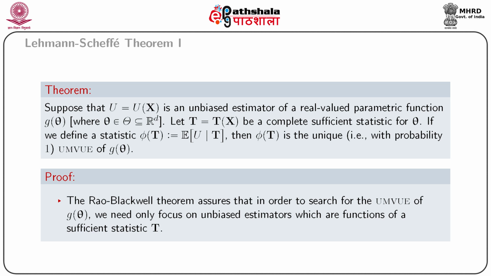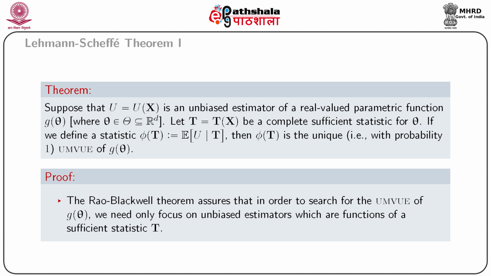Suppose that U is an unbiased estimator of a real-valued parametric function g(θ), where the unknown parameter θ belongs to Θ, a subset of the real line.